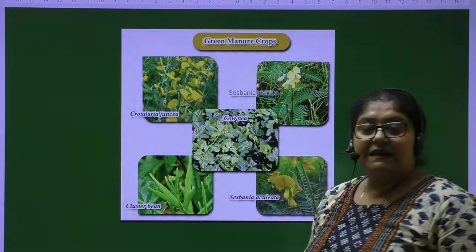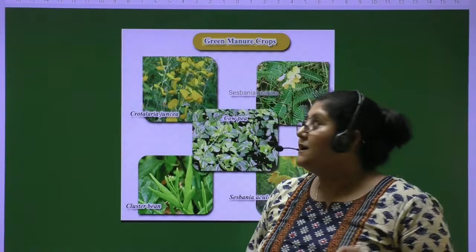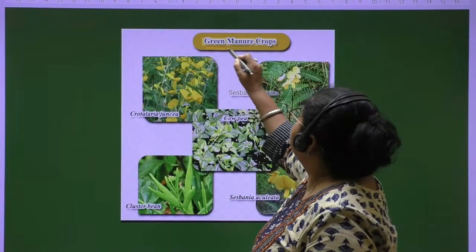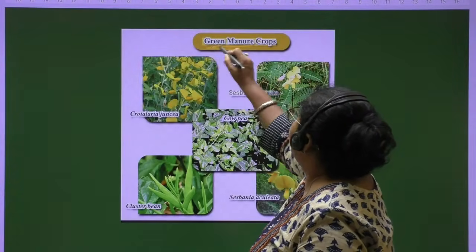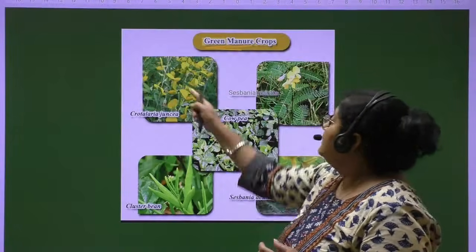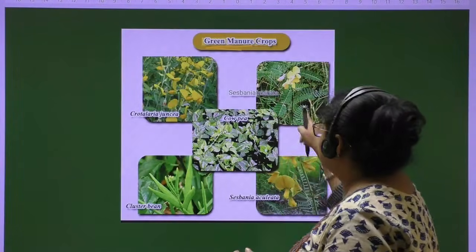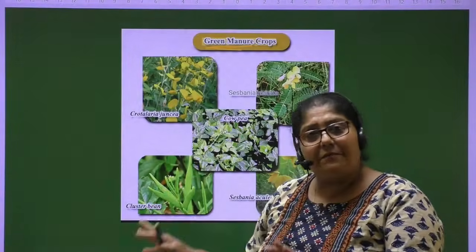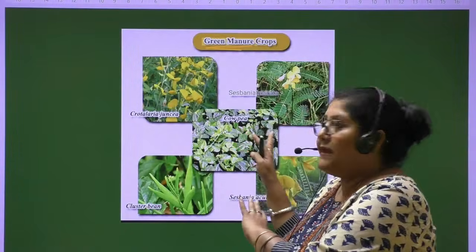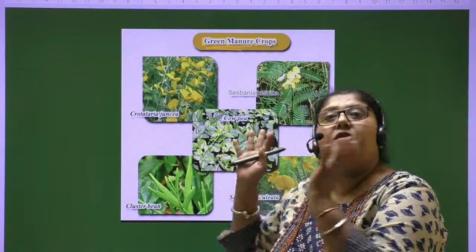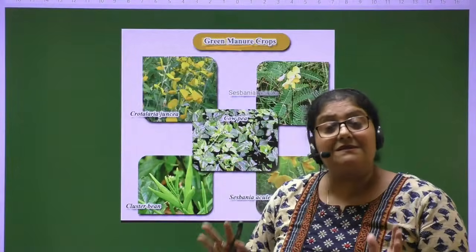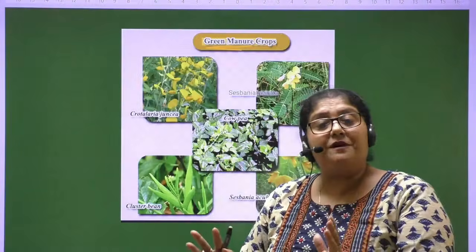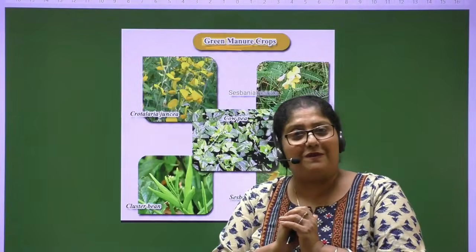what is this? It's a green manure. See, the name clearly says it is a green manure. Green means we are using whole plants. We are not using their breakdown products. We are not making them rot. They are normal plants, but they are grown for the purpose of producing manure for the plants.